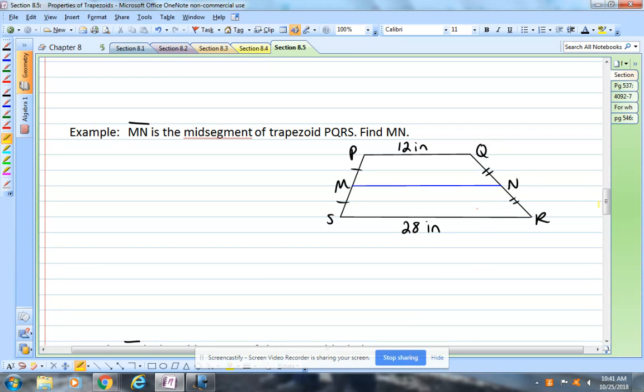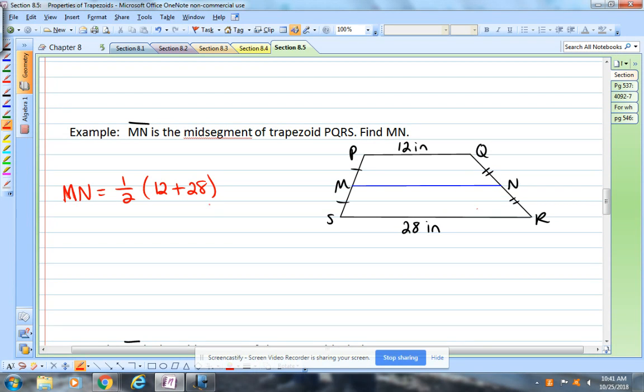All right, so what are you going to do to find the length of MN? You're going to say 1/2 of base plus base. So what is the length of base PQ? 12. And what's the length of base SR? 28.